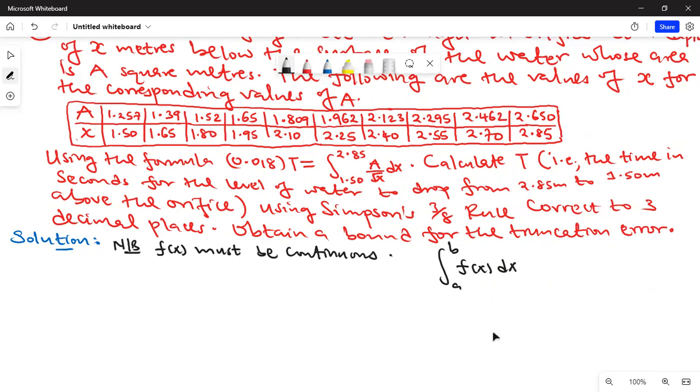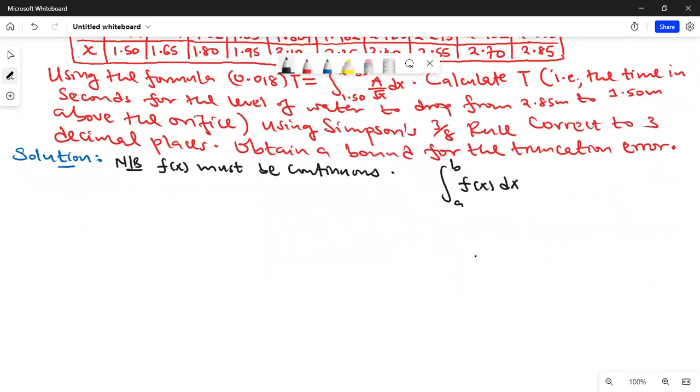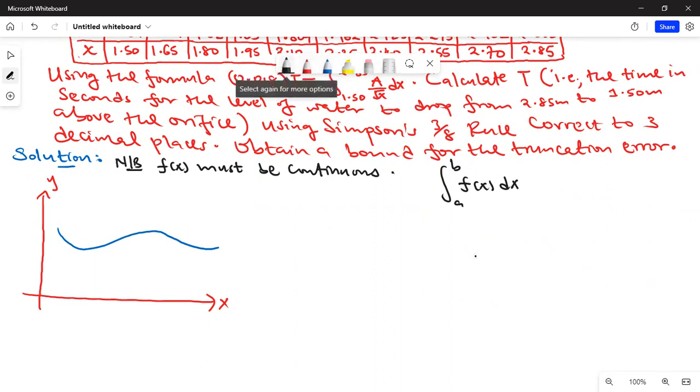So let me sketch the region that we are interested in. We'll have here x versus y. This is x, this is y. Let's say our region is something like this, so that at this point we have a, at this point we have b.